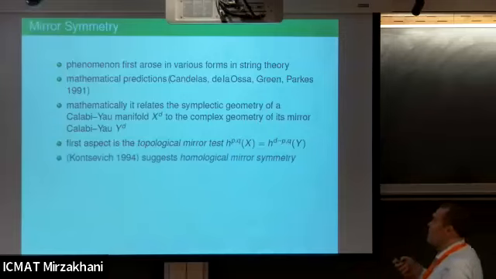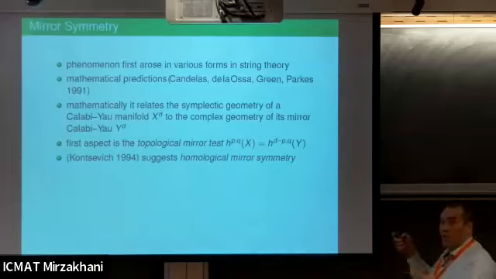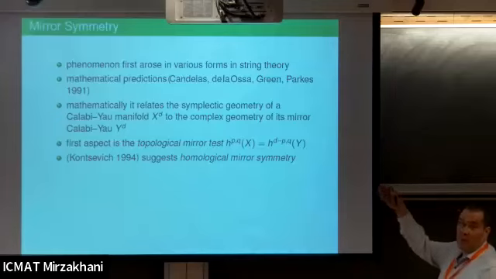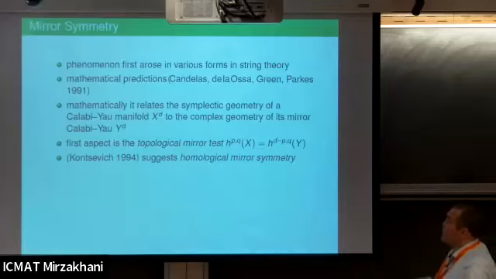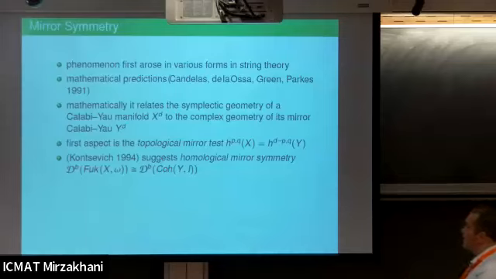And then, very early on, which is kind of amazing, there was a mathematical conjecture, not quite well defined, but which has really been the mathematical driving force to understand this phenomenon. It implied, in some sense, those enumerative predictions of the physicists, but it brought in the language of homological algebra, and it related two derived categories on the two sides.